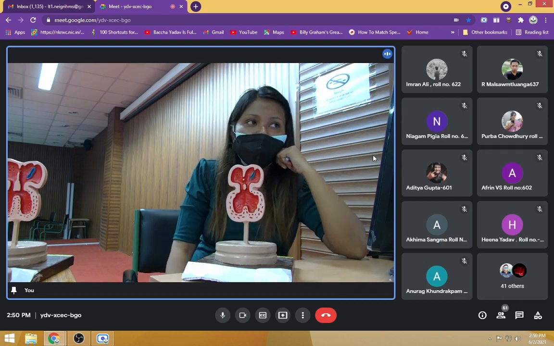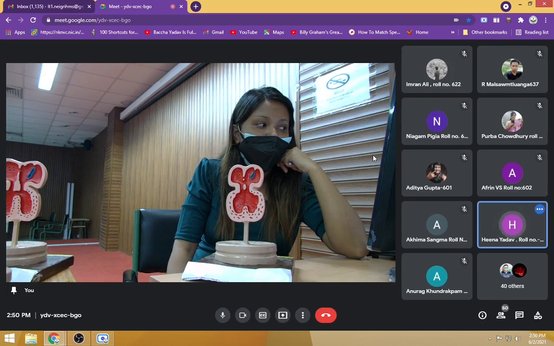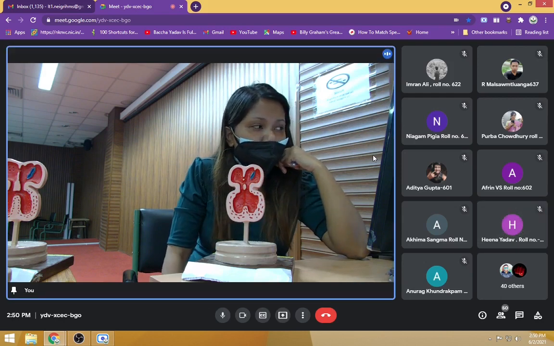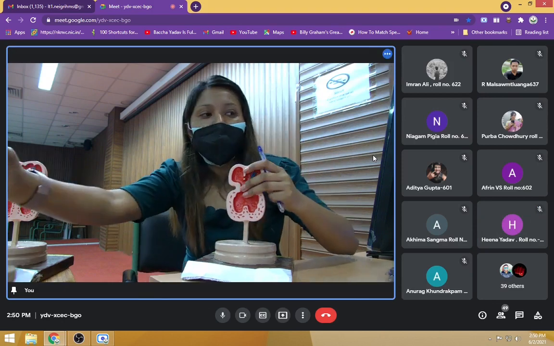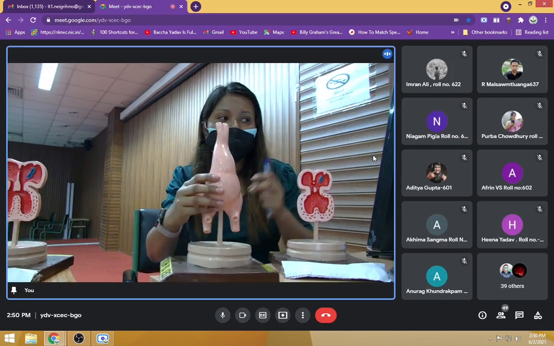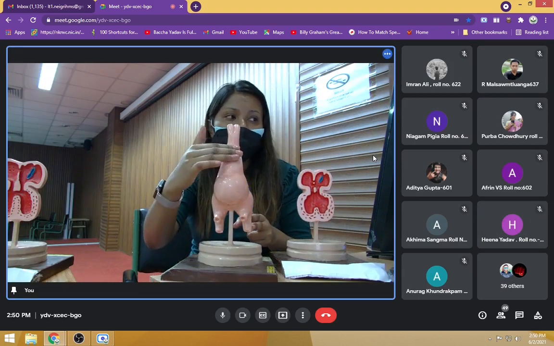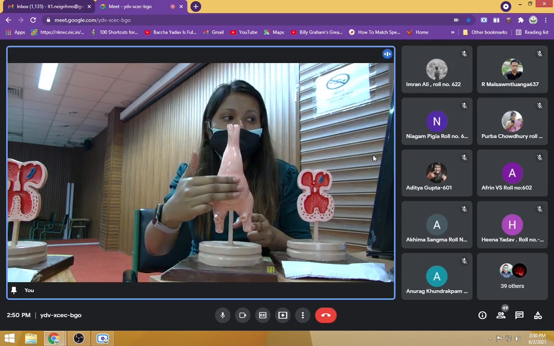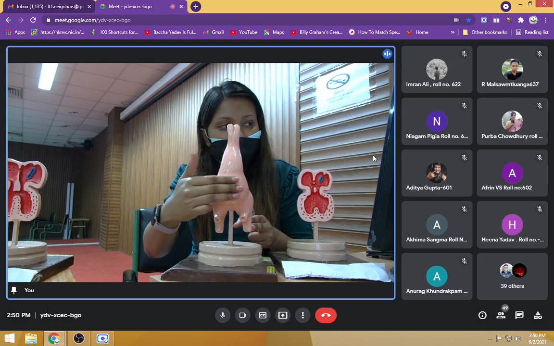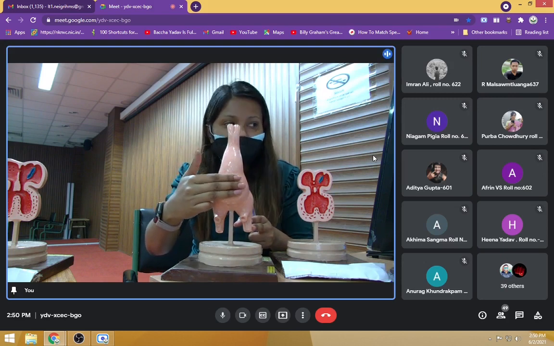The atrium will develop from the heart tube, right? I have told you just now that this is the primitive ventricle and this is the primitive atrium. So the primitive atrium is going to develop from this part.